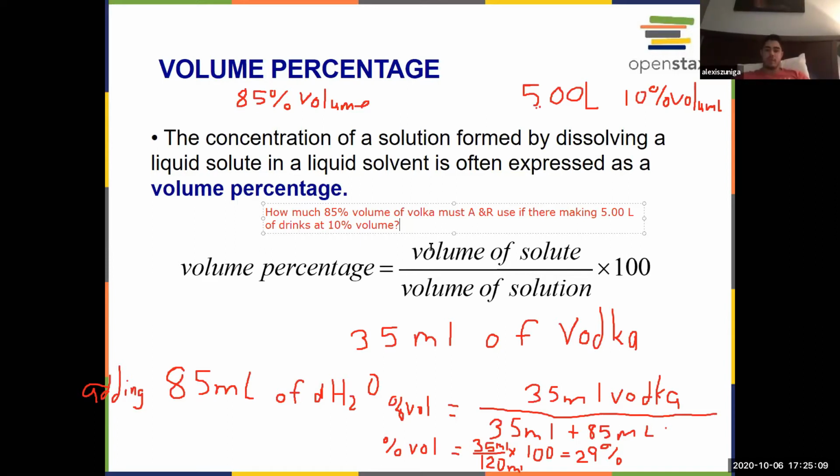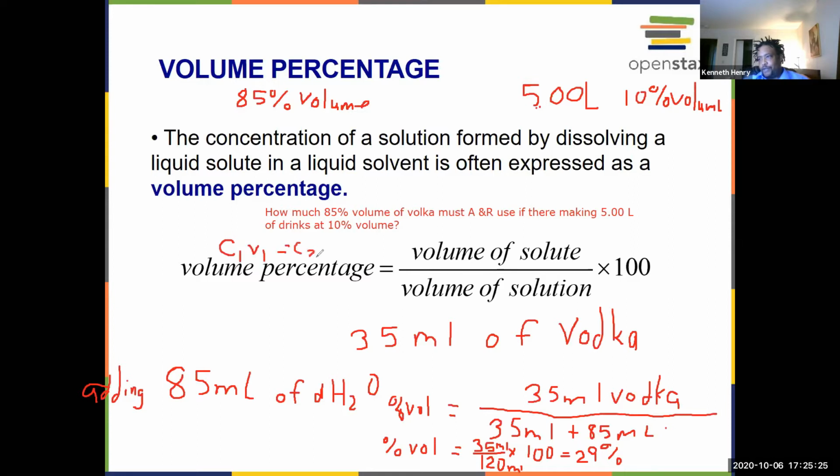Don't we have the C1V1 equals C2V2 formula? That is correct. You can use C1V1 equals C2V2.